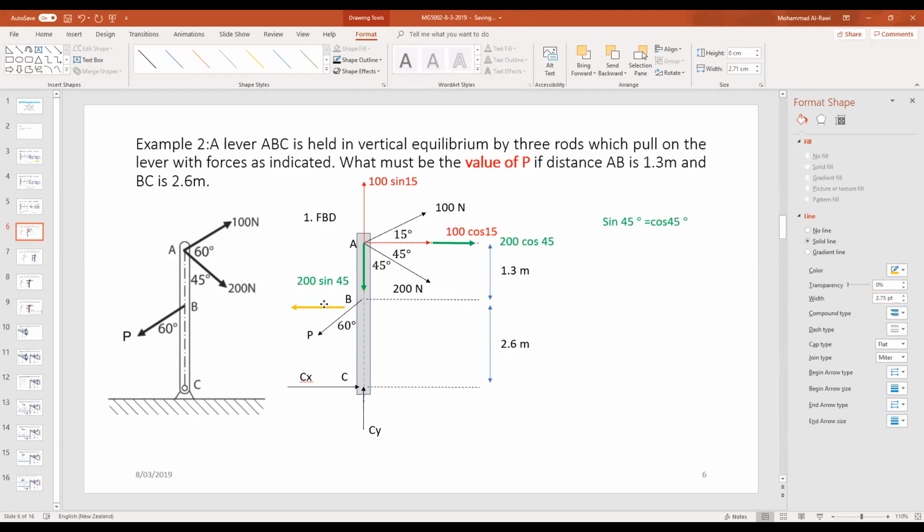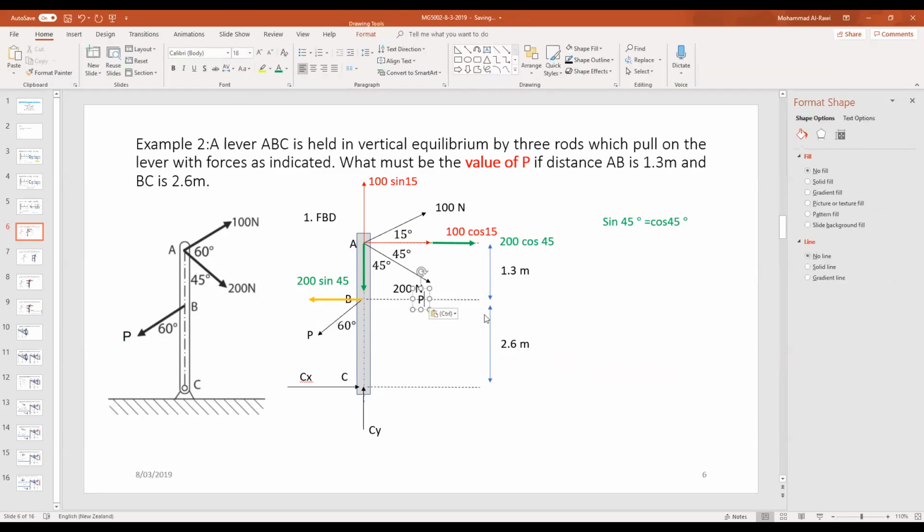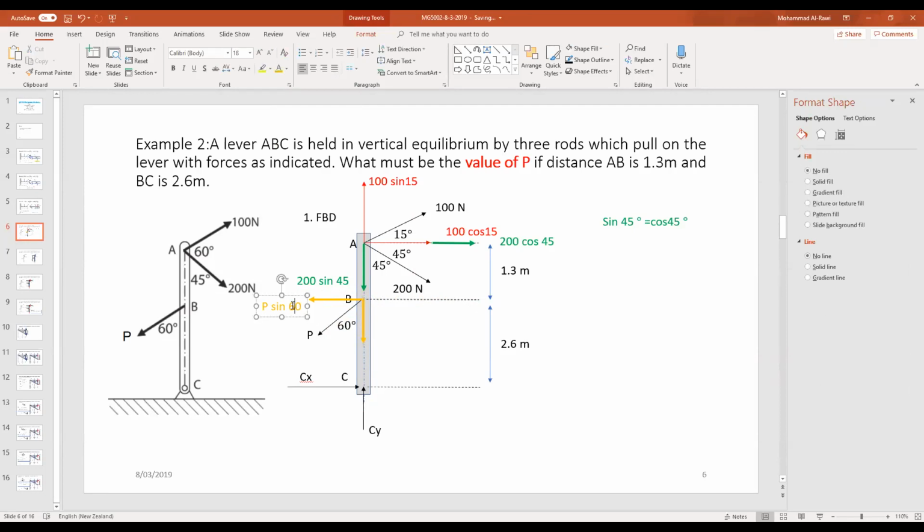And I'll bring that one here, and we know this force is equal to P sine 60 degrees. Let's change the color to something matching the color of the force. And now I have another one here, but that one will be cosine 45 degrees, so cosine.